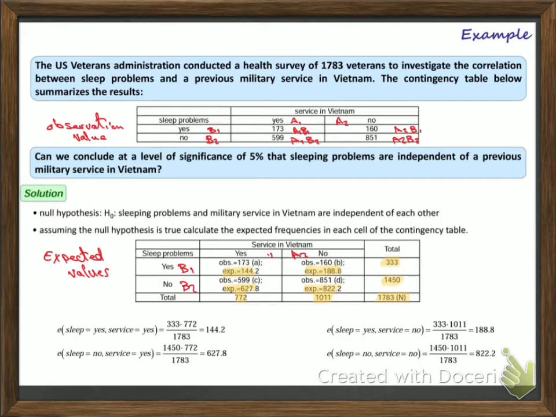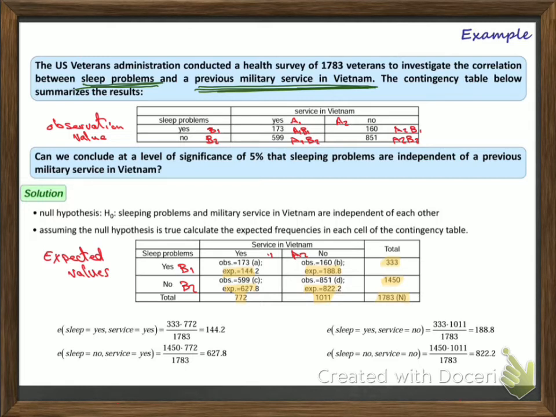So they want to see if there is any correlation between the people who had some military service in the war in Vietnam between USA and Vietnam and their sleeping problems, because there were some rumors saying that there is a relation between the sleeping problems which American soldiers have who have already served in the military war with Vietnam.